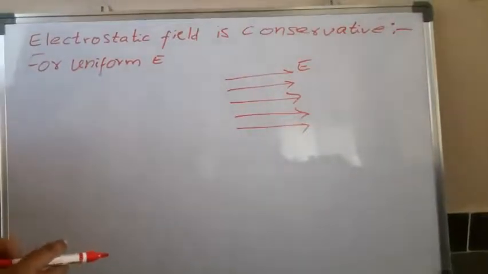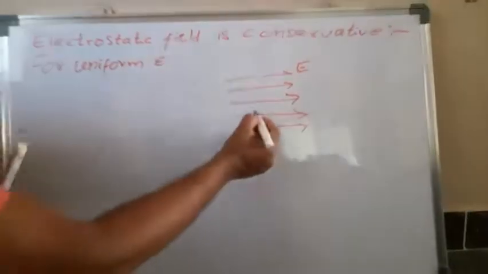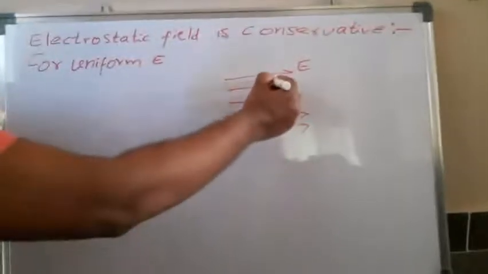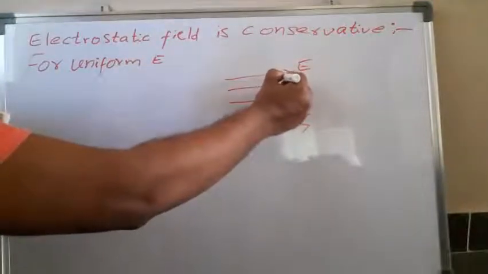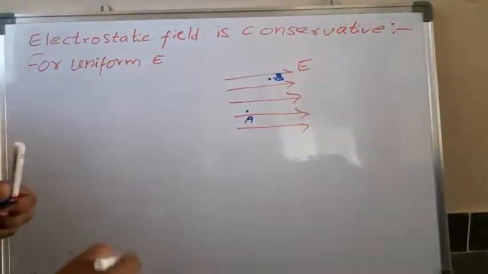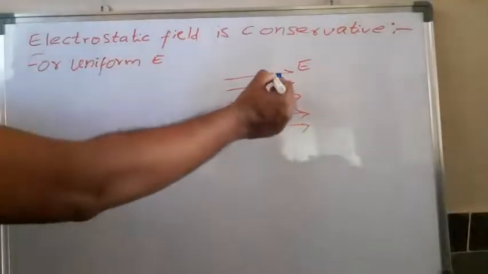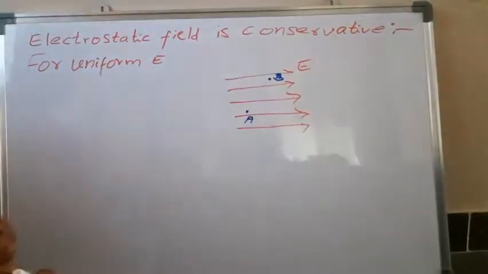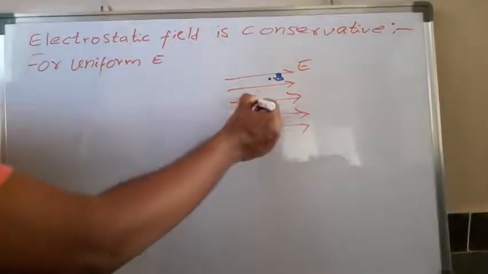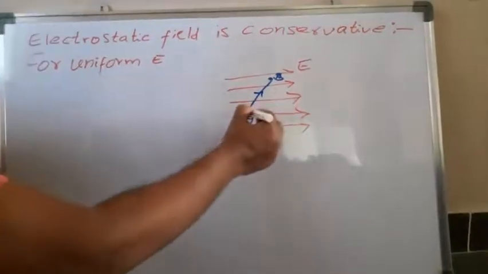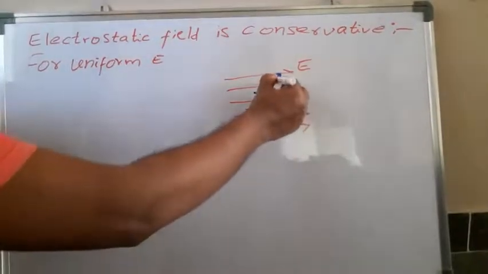Now I will try to move a charge Q naught from point A to point B. For this, I will select three different paths. One path is A to B, and I will choose some other path like this.